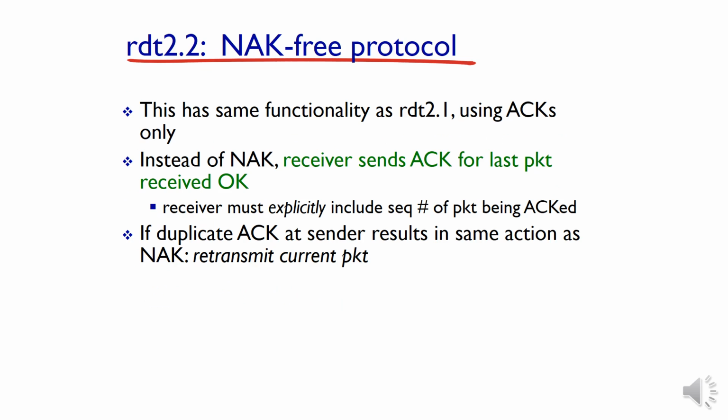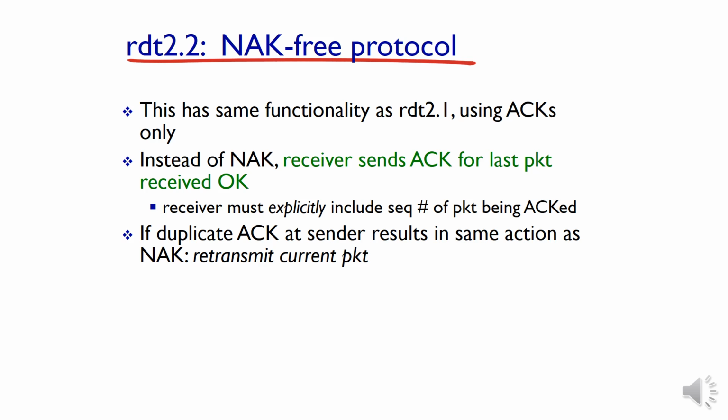Then RDT 2.2, here we have an addition to RDT 2.1. That is the drawback of RDT 2.1. Actually it is just one improvisation to RDT 2.1. That is, all the concepts of 2.1 are there in 2.2, but here it is avoiding the NAK.